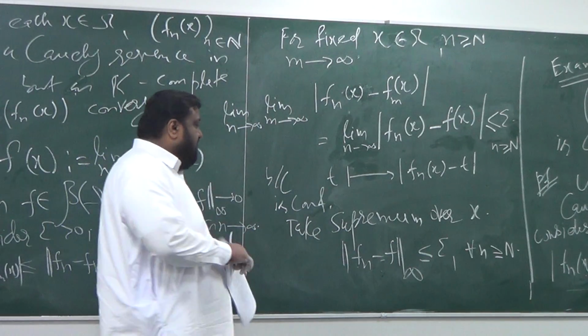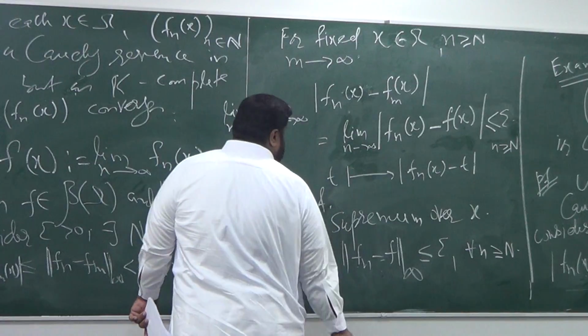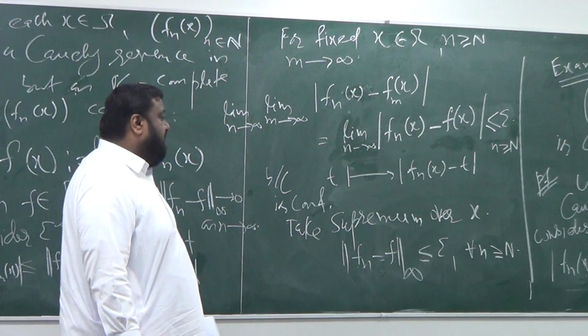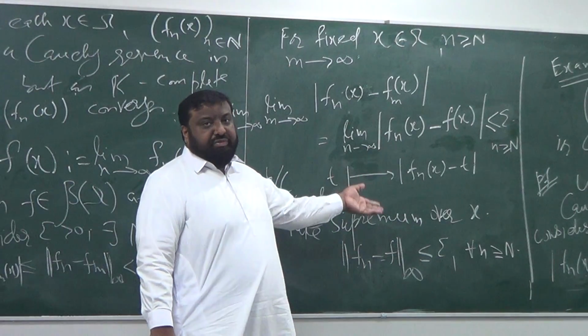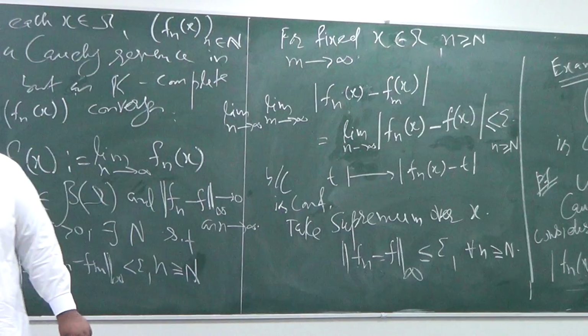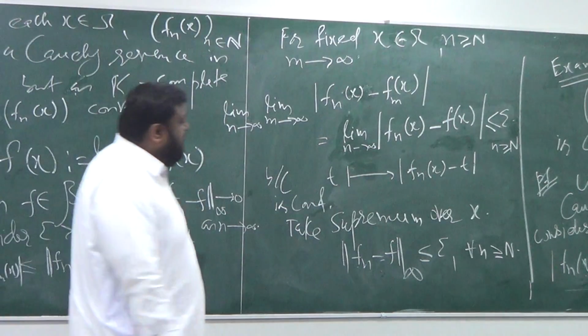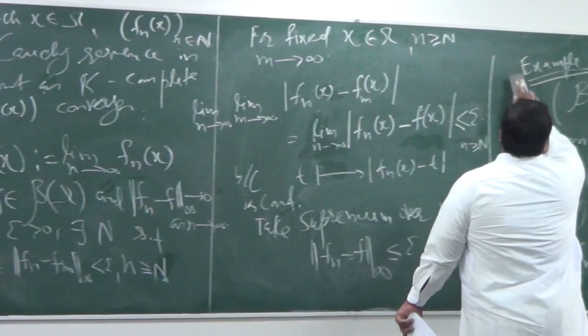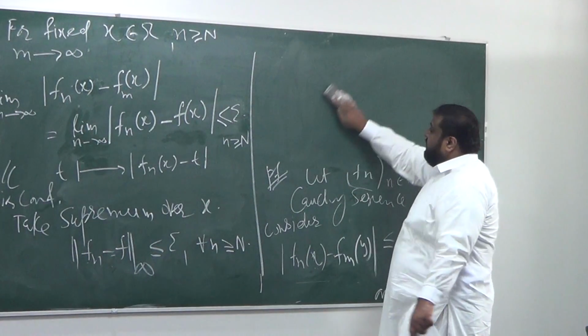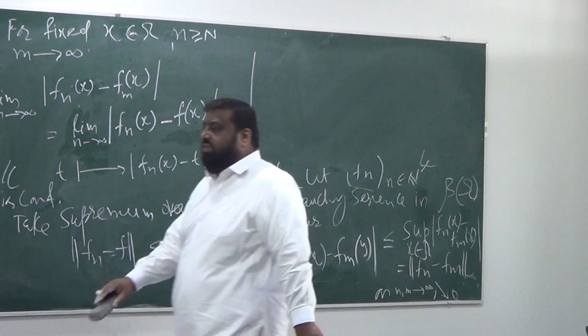So the convergence is done. The only thing that remains is that we haven't shown whether f is part of the space of bounded functions on Omega or not. So how can I show it? Bounded is what we have to make sense of. What do you think?